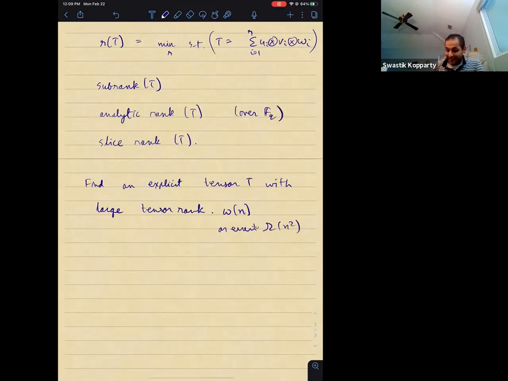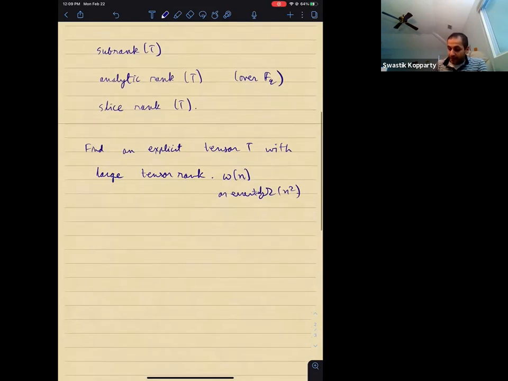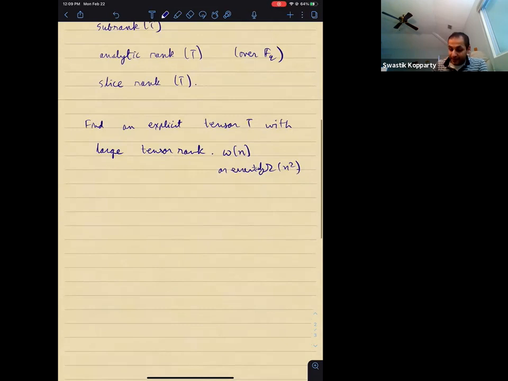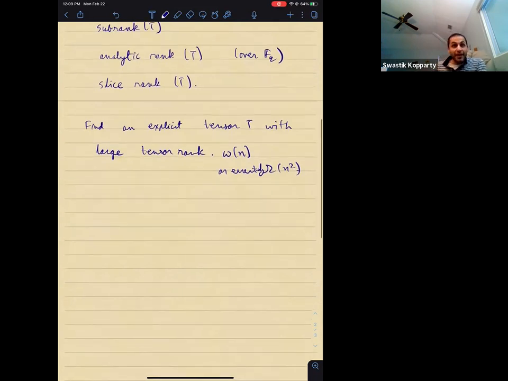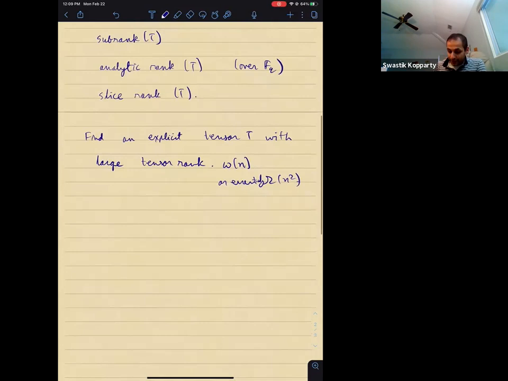This is a famous open question in complexity theory, and it is a motivation for a lot of results. There is a specific tensor which is extremely interesting, which people study a lot, which is the matrix multiplication tensor. I'm going to talk about that, the m by m matrix multiplication tensor.